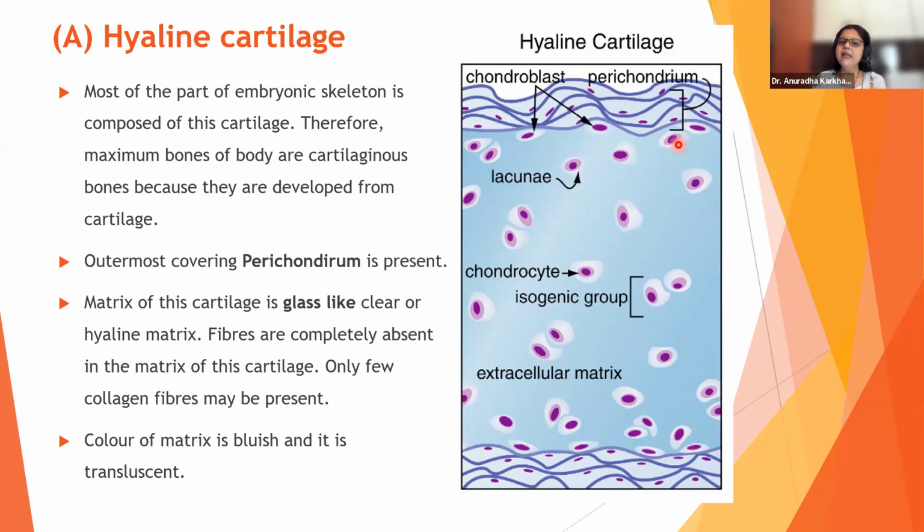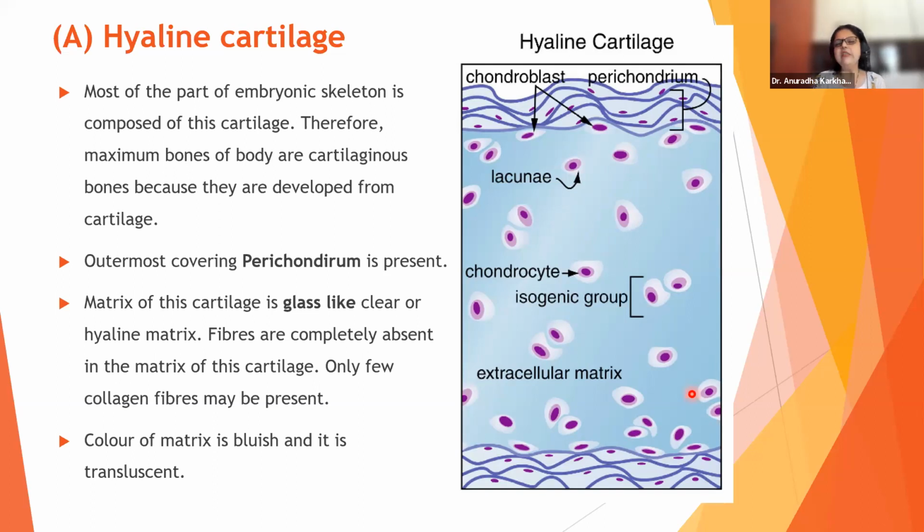Fibers are completely absent in this. Can you see any fibers anywhere in this matrix? Not a single fiber is seen over here. Therefore, it is clear, glass-like, crystal clear. Okay. Fibers are completely absent in the matrix of this cartilage. Only few collagen fibers may be present. Color of the matrix is bluish and it is translucent.